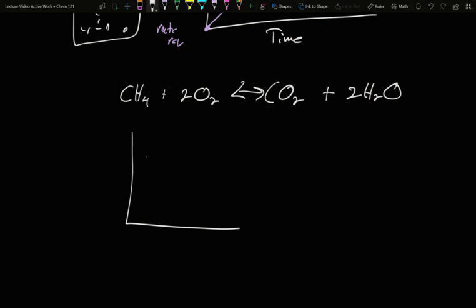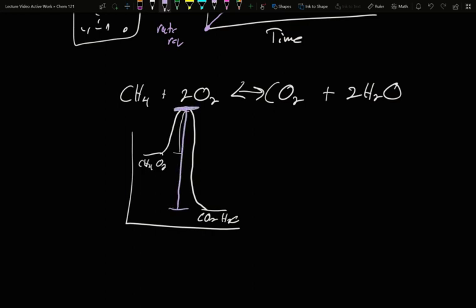If we think about the energies for this, I have my starting material and my product. So CH4, O2, CO2, and water. There's a reaction path. There's a pretty big hurdle. But there's a bigger hurdle to go backwards.